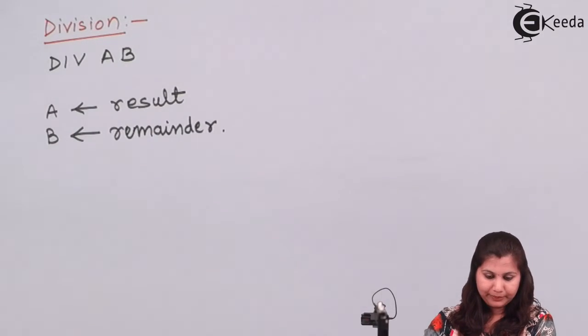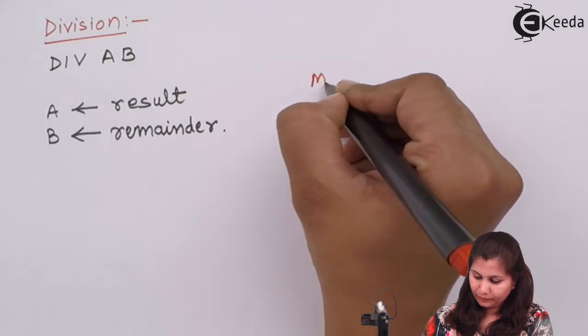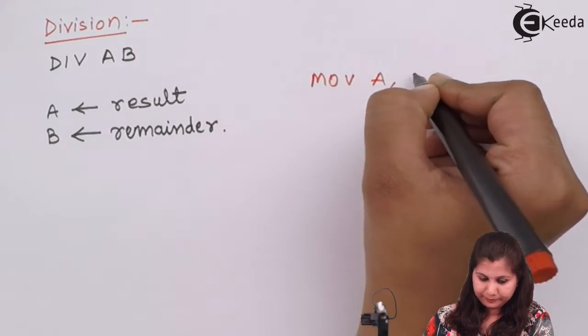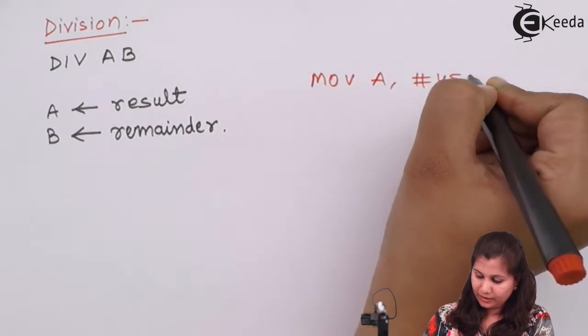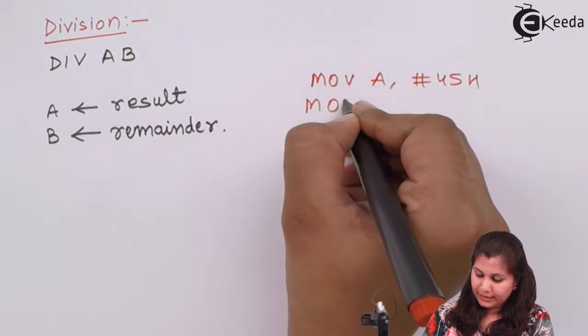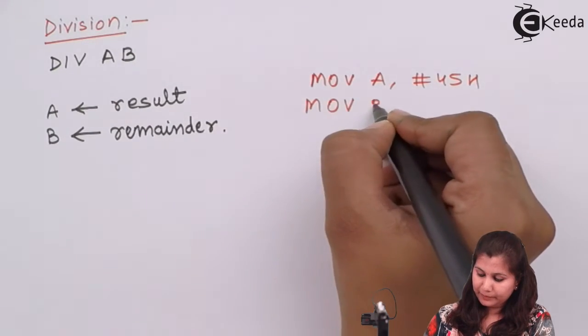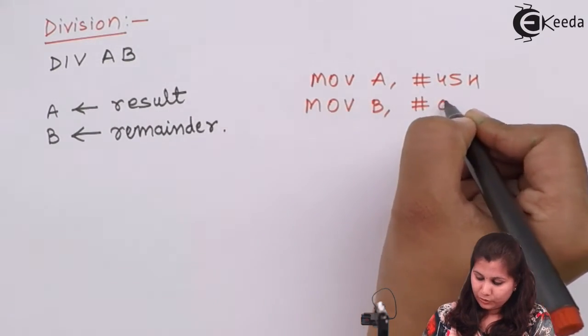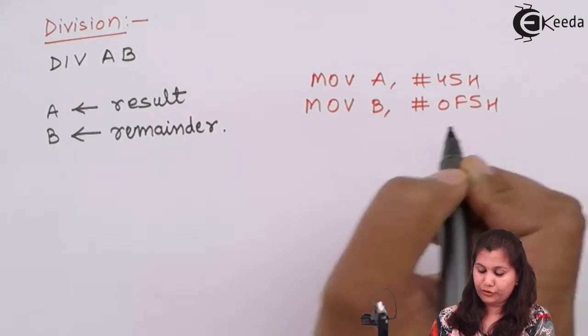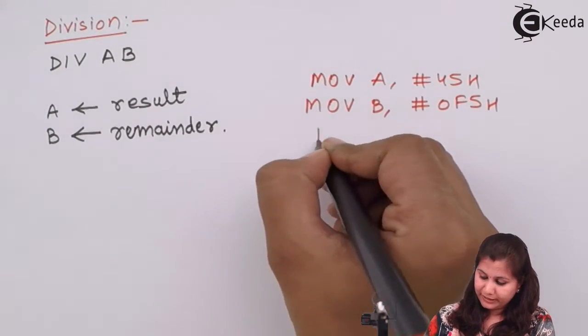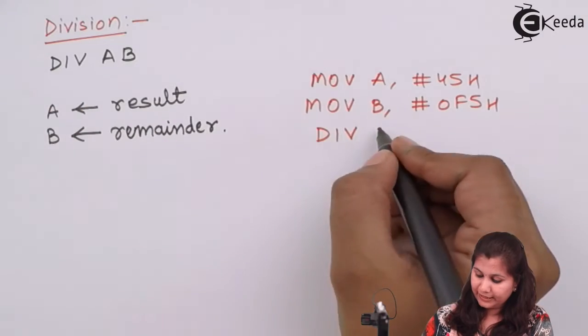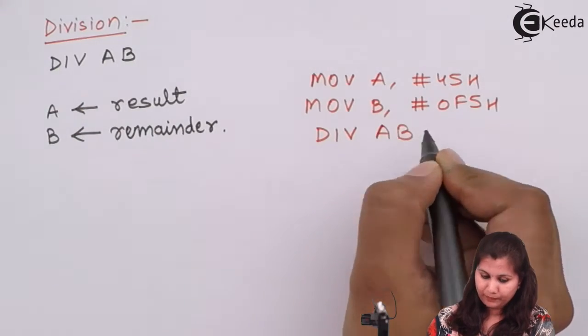Let's take an example here. Again, A has 45 and B has 0F5H. We have to divide these two numbers, so we write DIV AB.